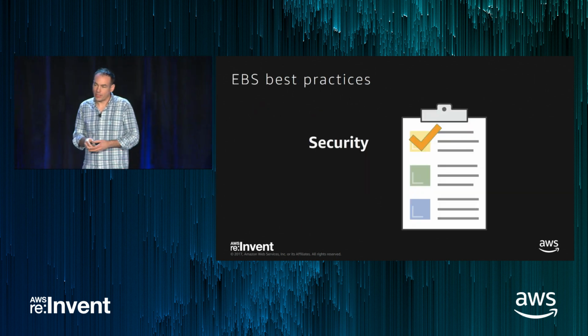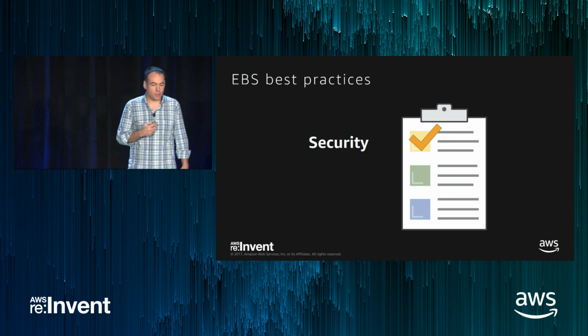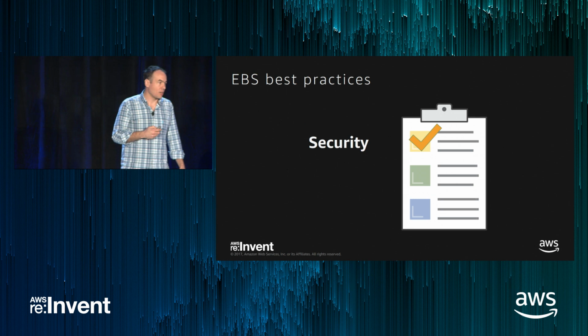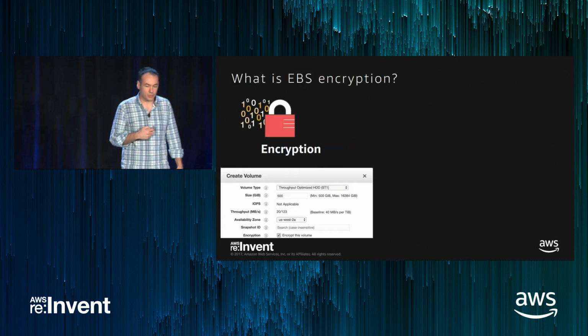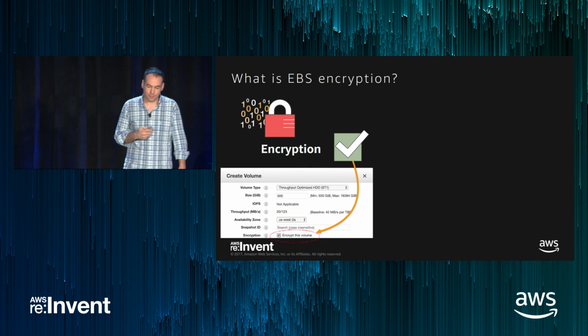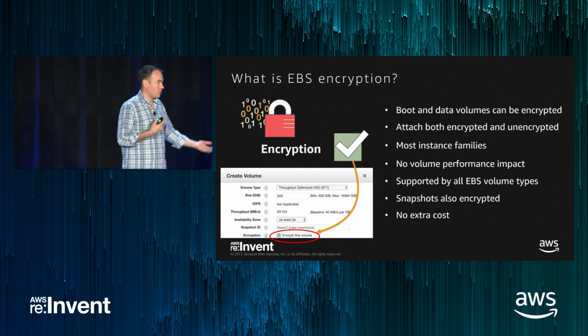So security is important to us, and we know it's important to you too. For that, we offer EBS encrypted volumes. Now you can roll your own encryption within your instance, but that's going to take CPU away from your instance. With EBS encrypted volumes, all you do is check a box when you create it, and you can attach it to most instances with no performance impact. So how do we do it with no performance impact?